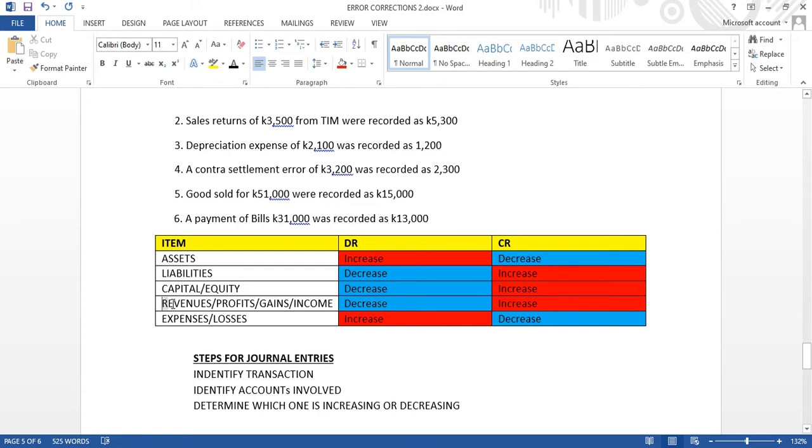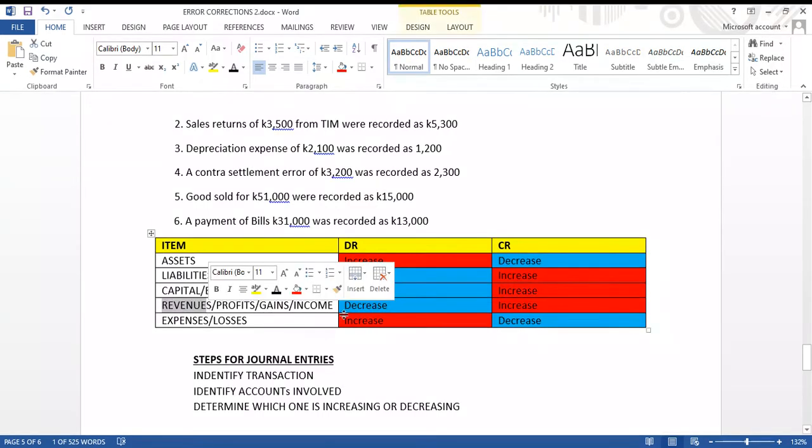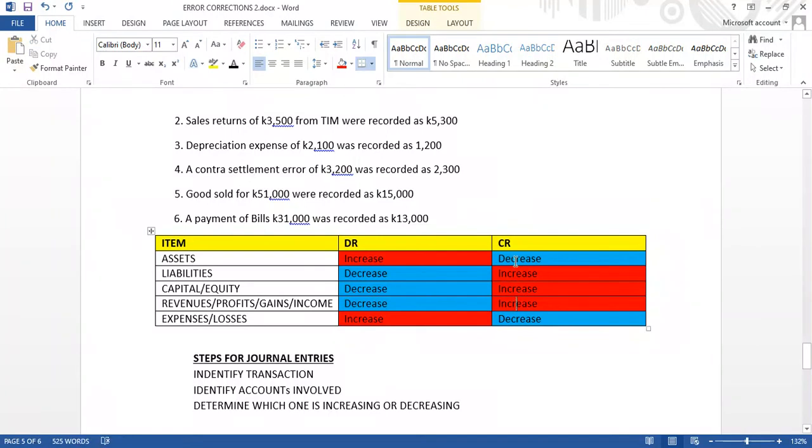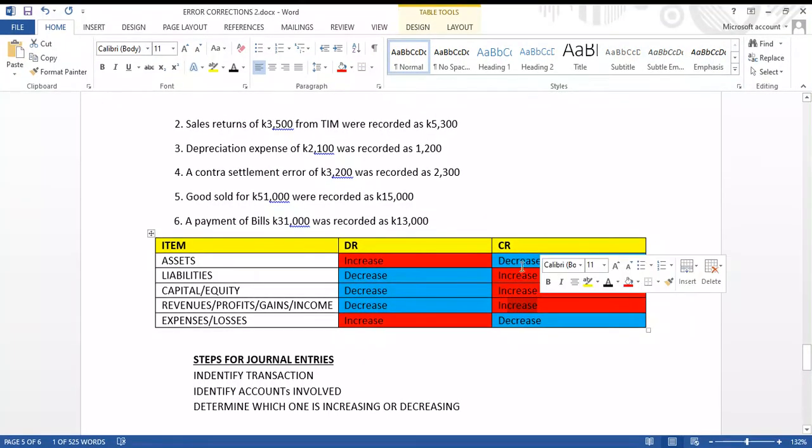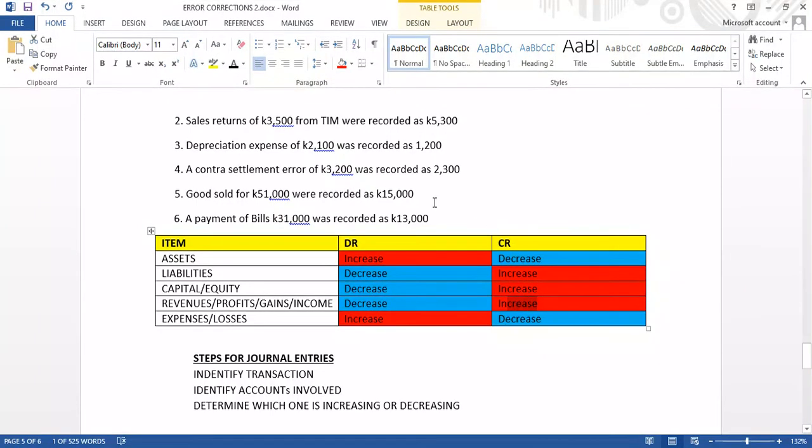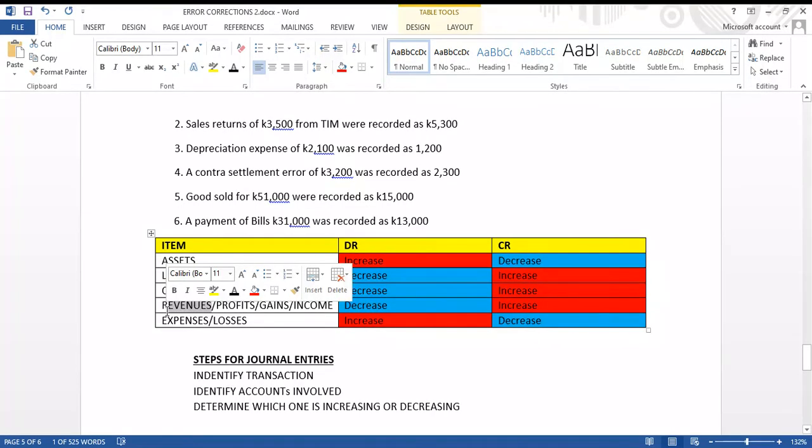For a revenue account, an increase, you credit. But an increase in a contra revenue account, you debit. A contra revenue is just the opposite of a revenue account, so you treat it in the opposite way.